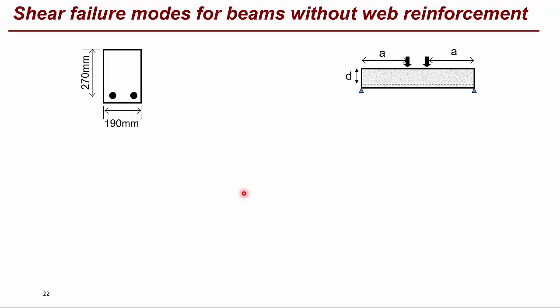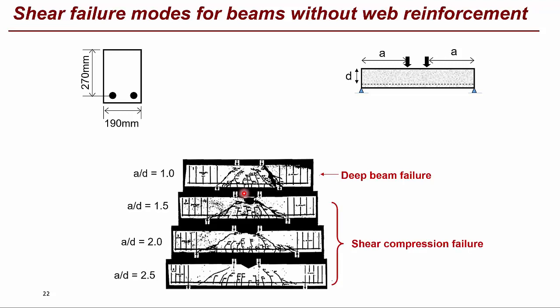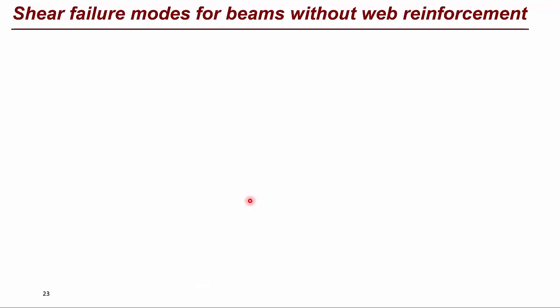Hence, the shear failure modes for beams without shear reinforcement will depend on the a over d ratio. If the a over d ratio is less than 1, it will be a deep beam failure. If the a over d ratio is between 1 and 2.5, we will have a shear compression failure. As you can see, there is a crushing of the arch in the compression.